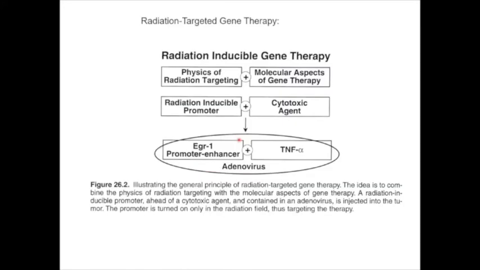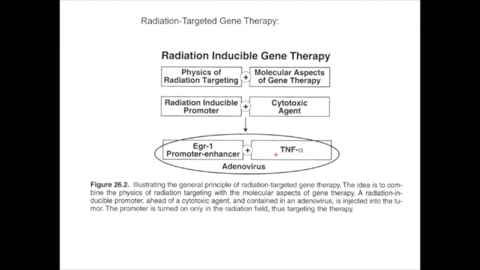The second one was pioneered by Ralph Weichselbaum at University of Chicago. It is a mechanism where he put a toxic agent, in this case a natural toxin, TNF alpha. TNF got its name because it causes necrosis of tumor cells.